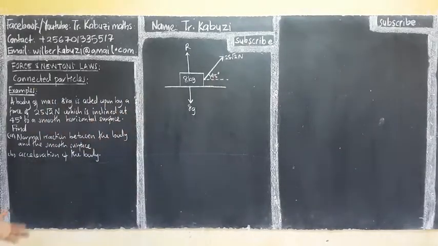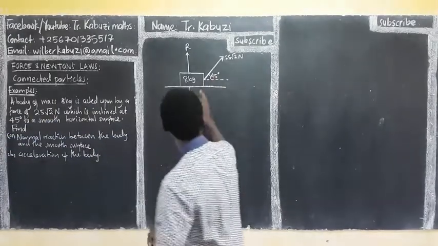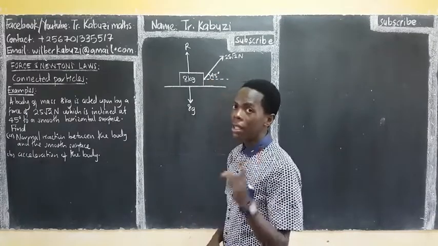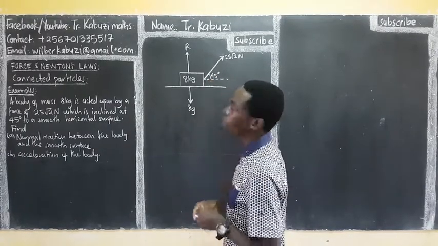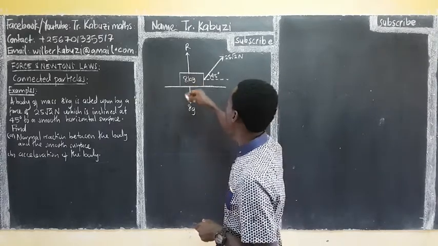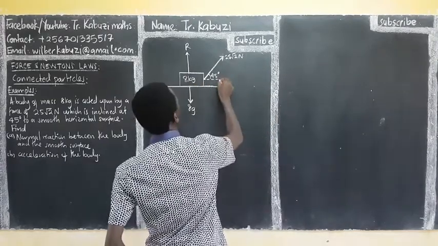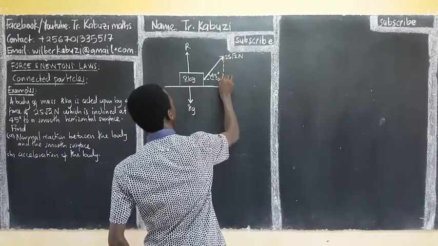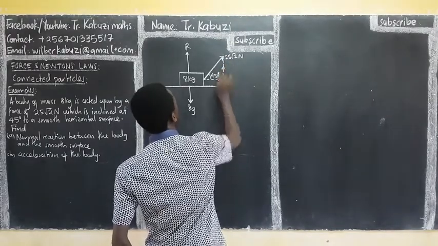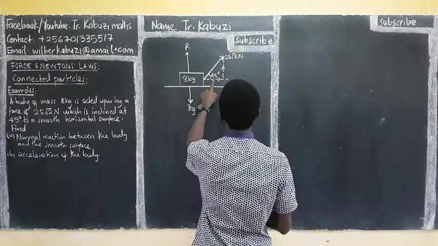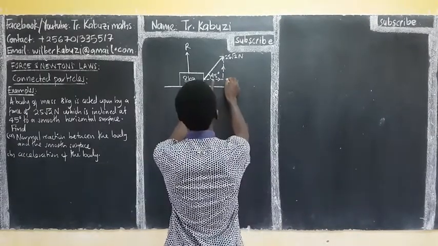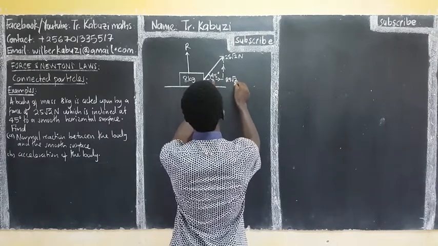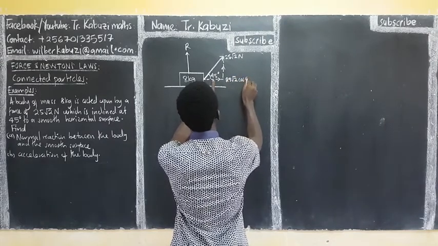This is really very easy. Now, the moment we have a force acting like this, it is going to be affecting this reaction. So if you resolve this force, we resolve it like this, and then also upwards like this. Now you see this one is adjacent, so it will be 25 root 2 cos 45.